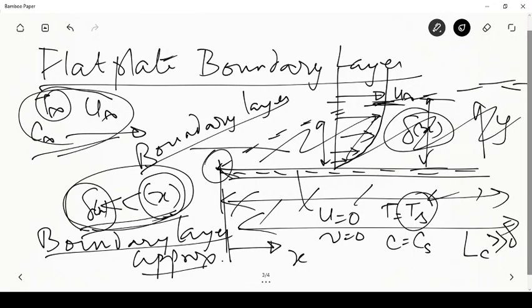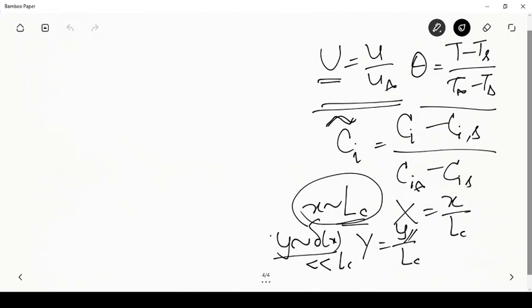We can leave out that region, but in the rest of the region the boundary layer approximation is valid. So we have y by Lc, which is much less than capital X.